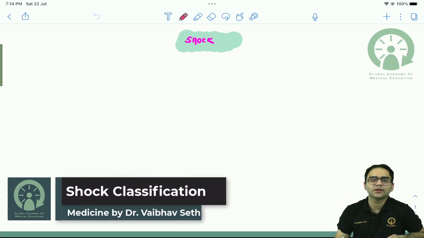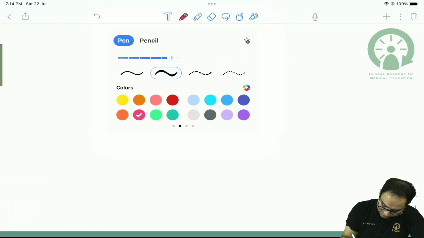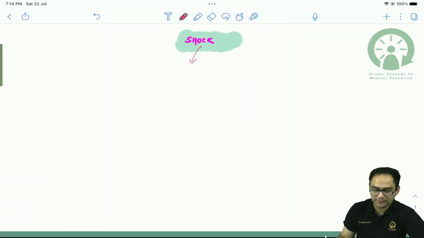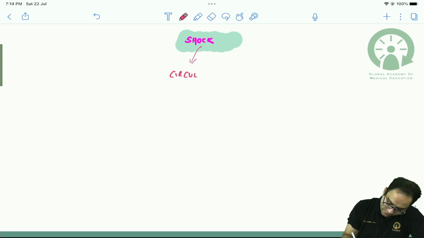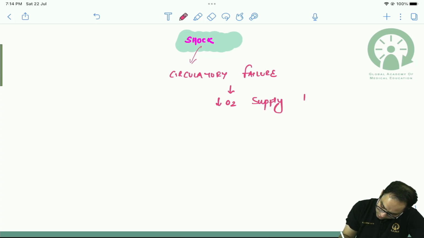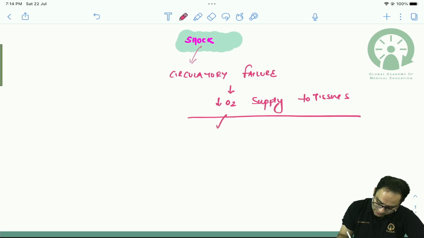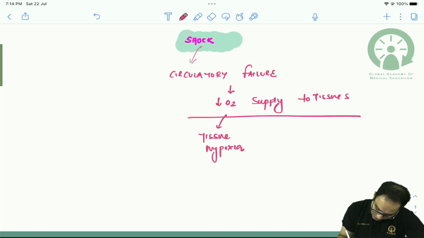So what actually is shock? Shock is a state of circulatory failure that is characterized by decreased oxygen supply to tissues, and that results in tissue hypoxia as well as hypoxia at the cellular level.